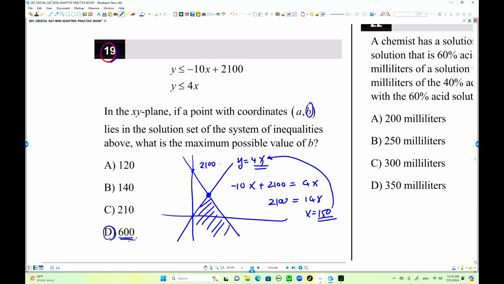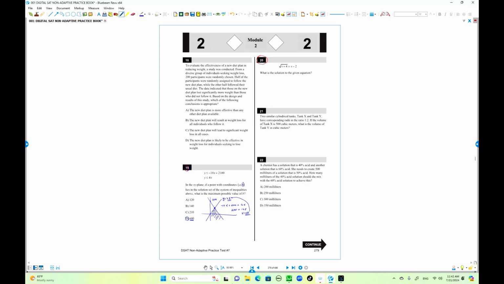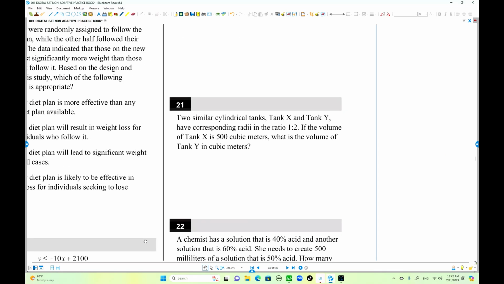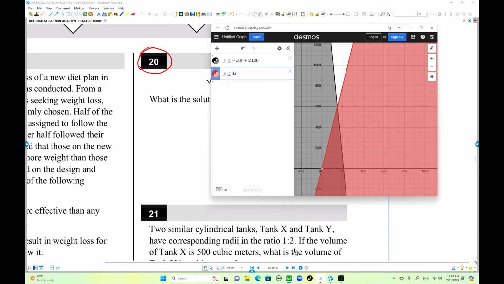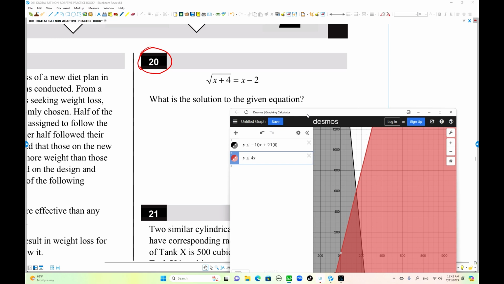Okay. Now the next one is number 20. We have radical equations. Desmos is okay. We can use Desmos to solve this one. First, separate them.